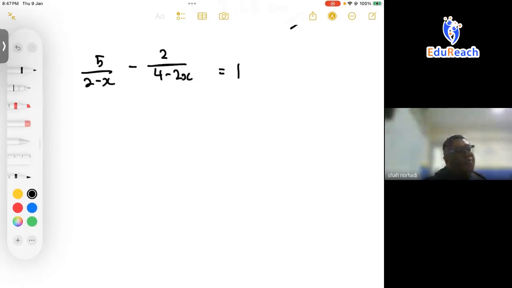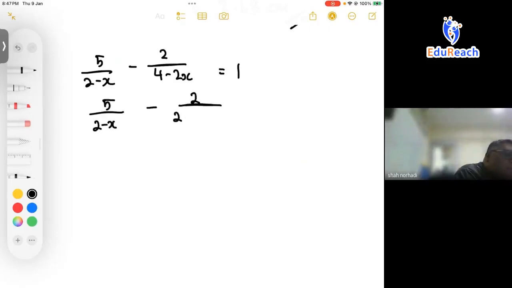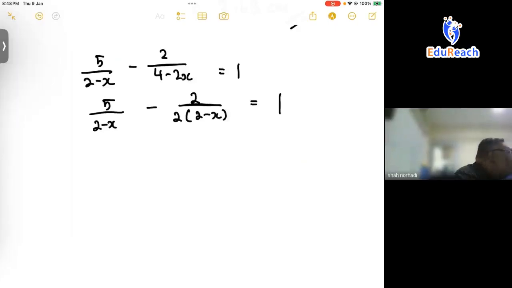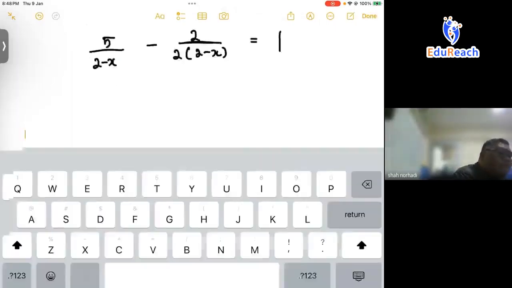Amar, do you see something similar here in the denominator? Can we actually factorize the denominator of the second fraction? We can, right? So let's write it down. I can take out 2, so I have 2 minus x.